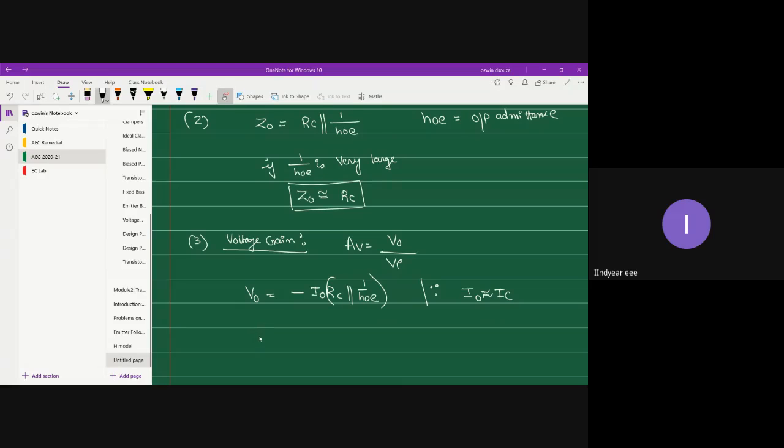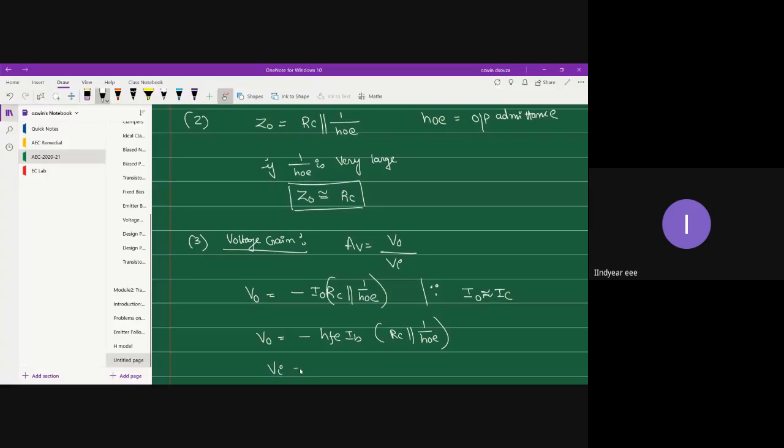So you can write V naught is equal to minus IC, where IC is HFE IB, into RC parallel with 1 over HOE.